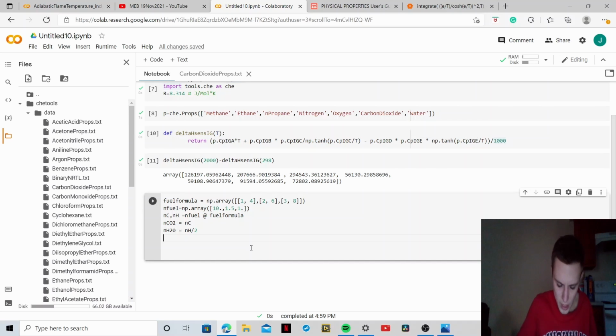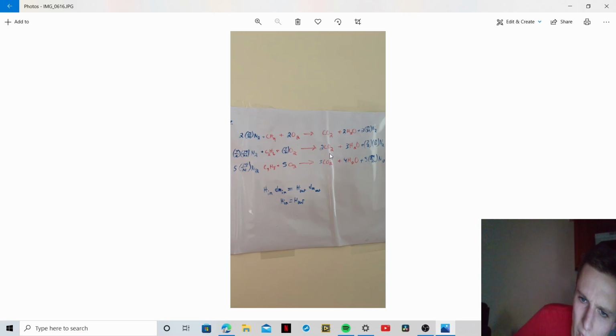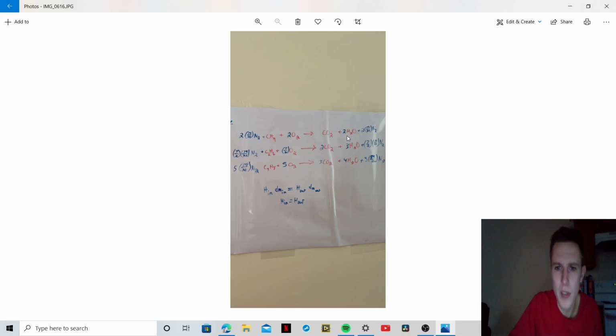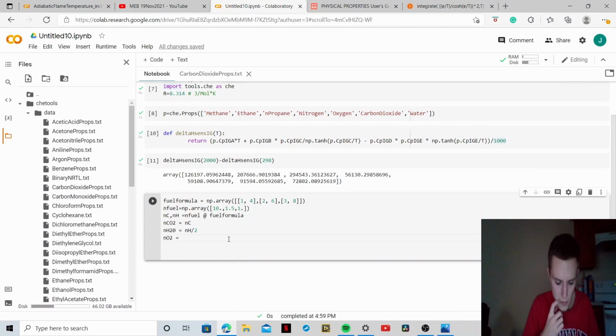So the number of moles of O2 is equal to, well, we look back here, the number of moles of carbon plus the number of moles of H2O divided by 2. So let's go ahead and write that in. The number of moles of carbon plus the number of moles of H2O divided by 2. Put that all in parentheses so syntax doesn't get mad at me.